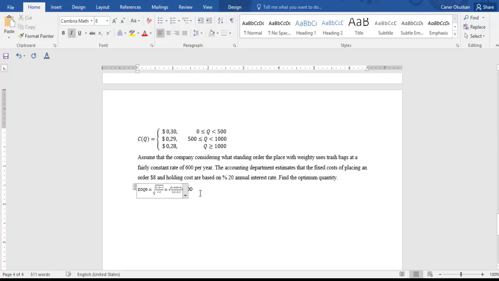So we find another economic order quantity, 1.2 multiply, and the result of formula 406.